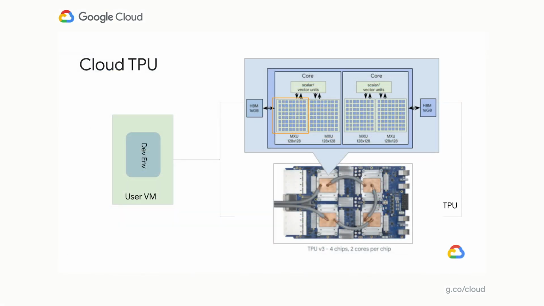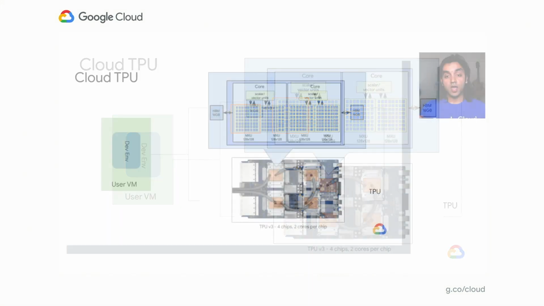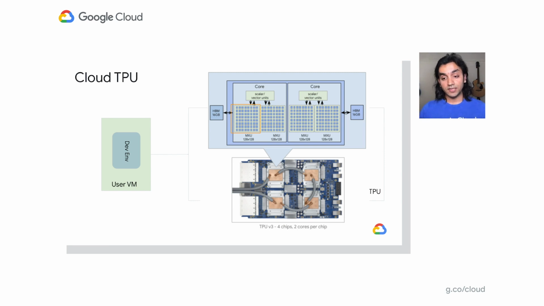Here is a Cloud TPU device. In order to access this device, a user creates a VM, or virtual machine, on Google Cloud and creates an instance of Cloud TPU. You can create this instance in different device types. In this case, we are choosing v3-8. That indicates a v3 device. Each v3-8 comes with 4 chips.